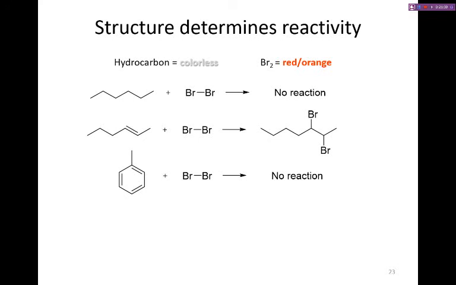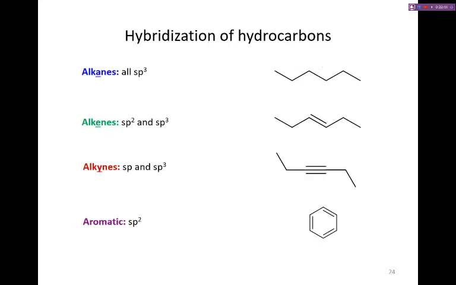But you can get a chemical reaction when you react it with an alkene or an alkyne. And so if we take, say, a fatty acid that's unsaturated, we're going to get a chemical reaction. So all of this is to demonstrate that the structure matters, that whether it's an alkane, an alkene, or an alkyne affects the chemical properties of the molecule.